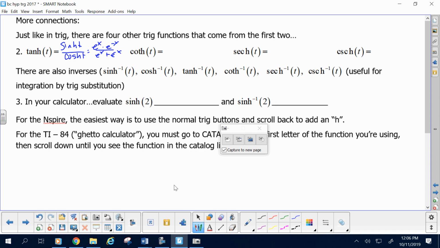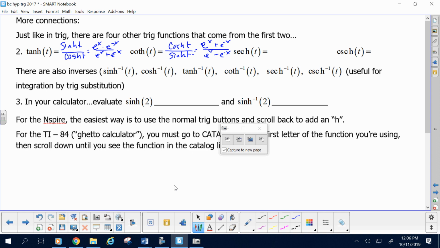Hyperbolic cotangent is cosh over sinh, or I guess e to the x plus e to the negative x over e to the x minus e to the negative x. It's hyperbolic cotangent. You can't stop this now.